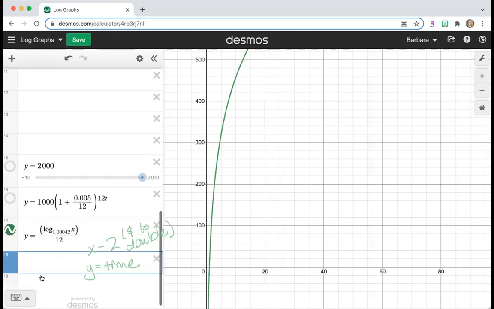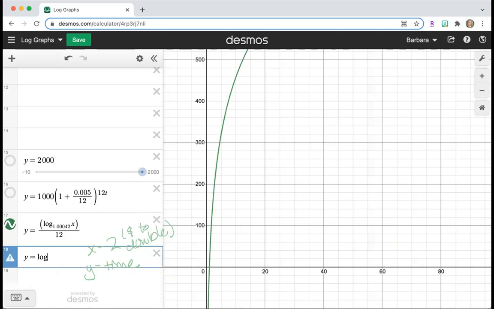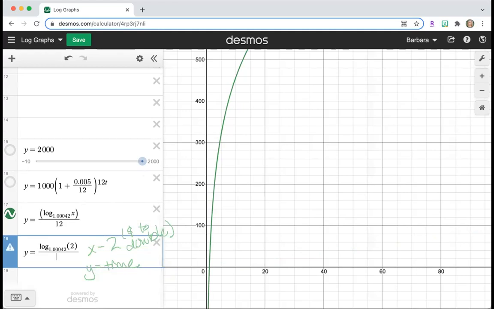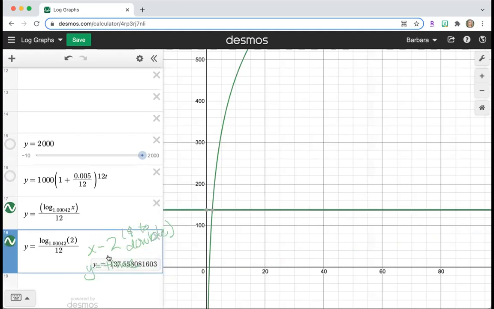And then we can double check that by just typing it in: y equals the log base 1.000442 of 2, and then we have that whole thing divided by 12. And then we get that exact number here.